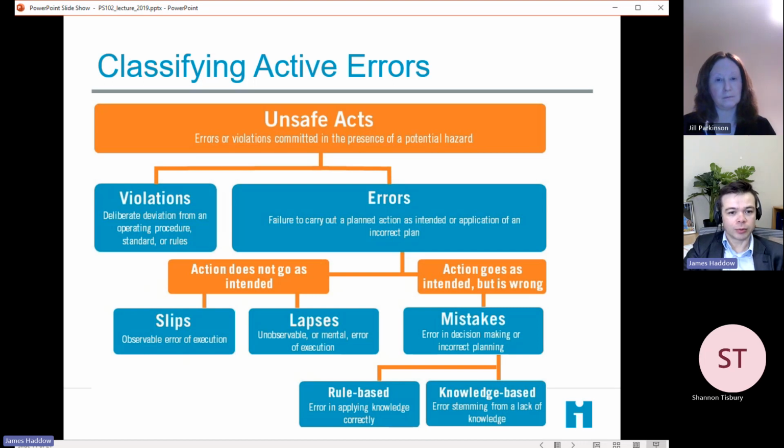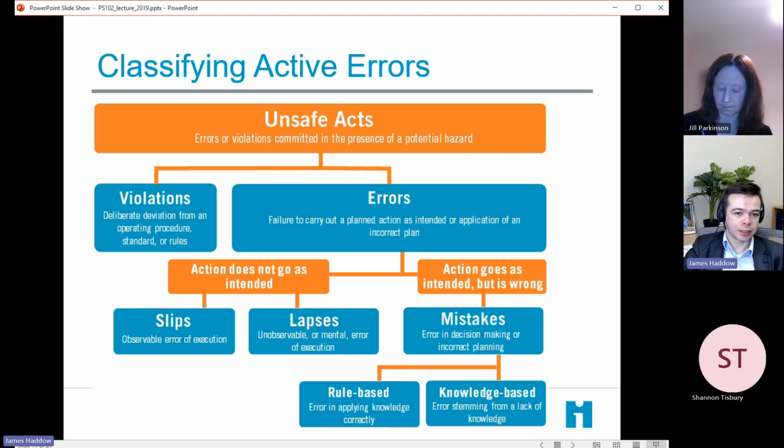So what are errors? Well, there's a lot of different types of errors really, based on whether it's intended or unintended, and whether it was to do with how knowledge was applied or skill was applied. So at the very top, you've got a broad definition of unsafe acts. That's things that have happened that could lead to a potential hazard.